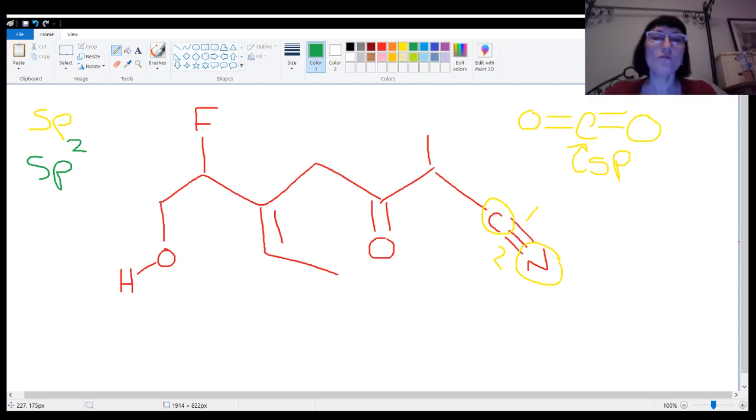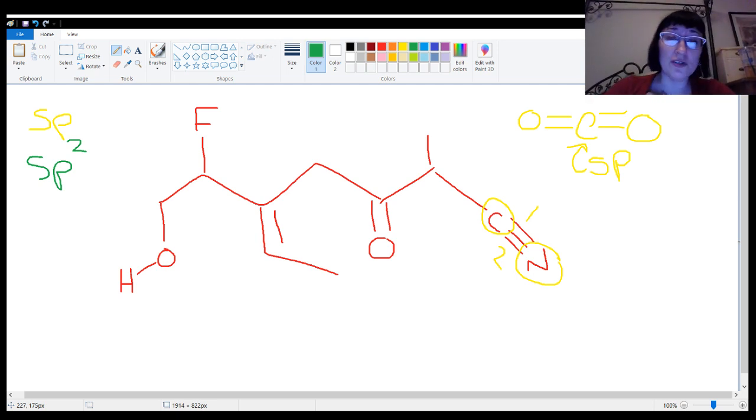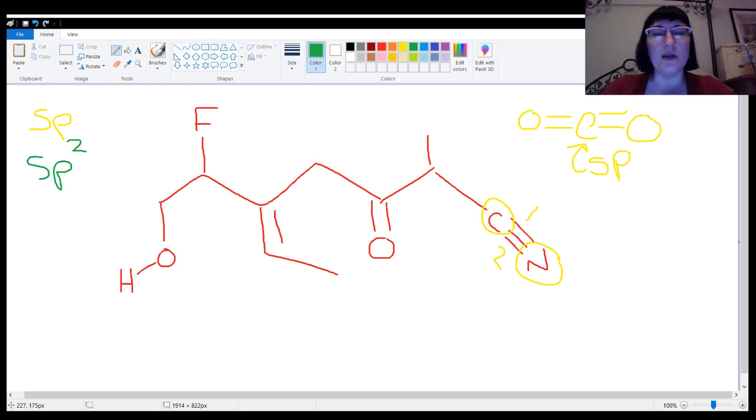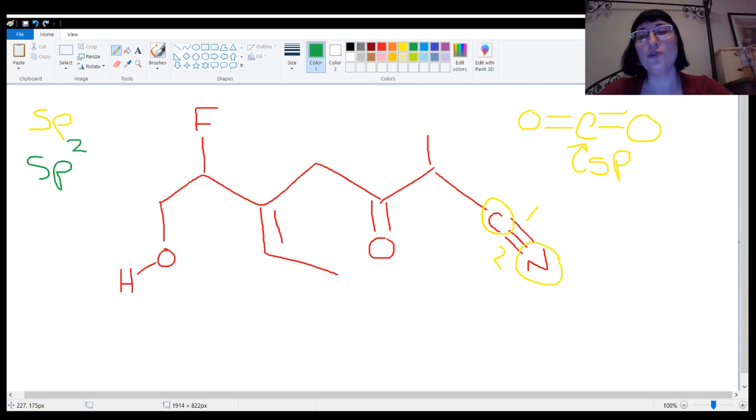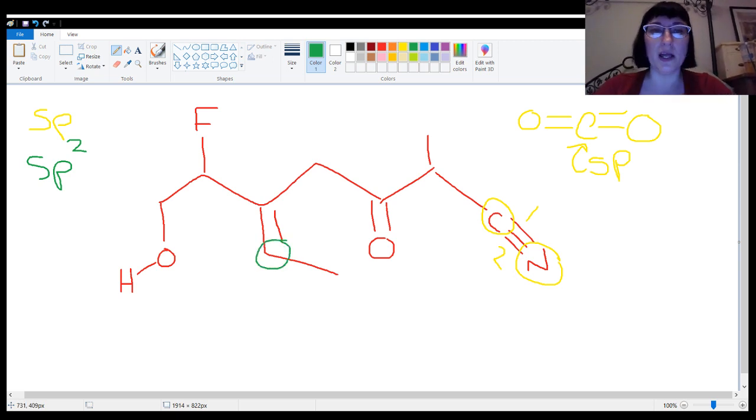All right. So for sp2, I'm just looking for things that have 1 pi bond. And by things, I mean atoms. So you'll notice I circled the carbon and the nitrogen, not the carbon-nitrogen bond, right? Hybridization is specific for an atom. So for sp2, this carbon has 1 pi bond.